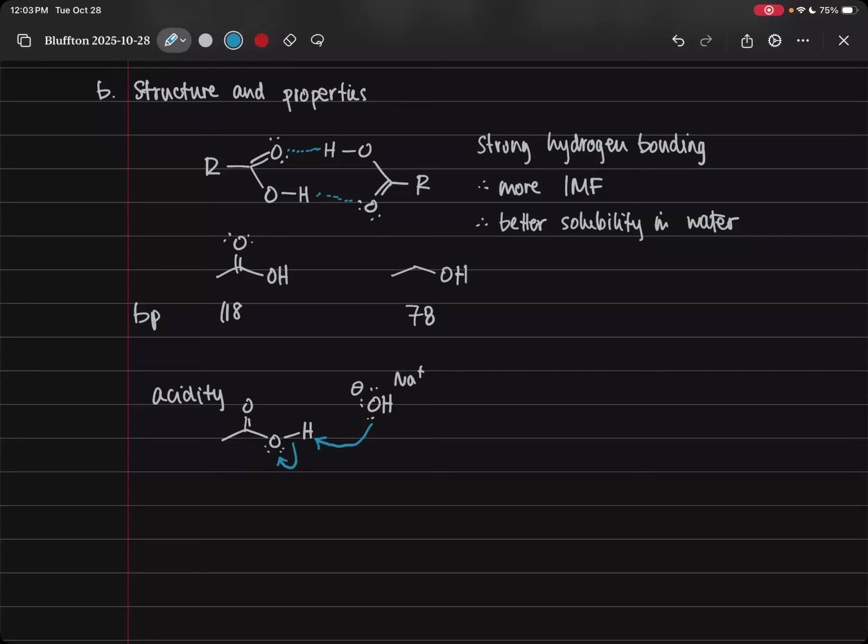And those electrons go onto that oxygen atom.